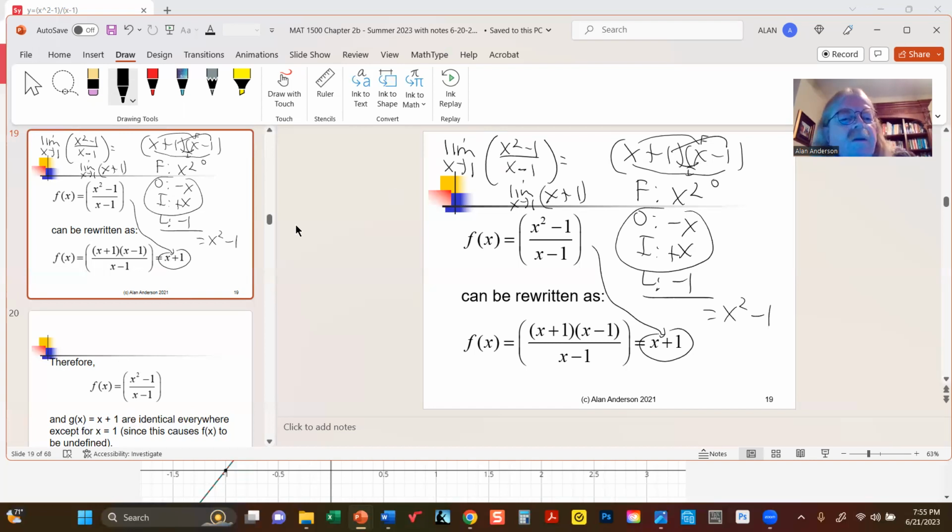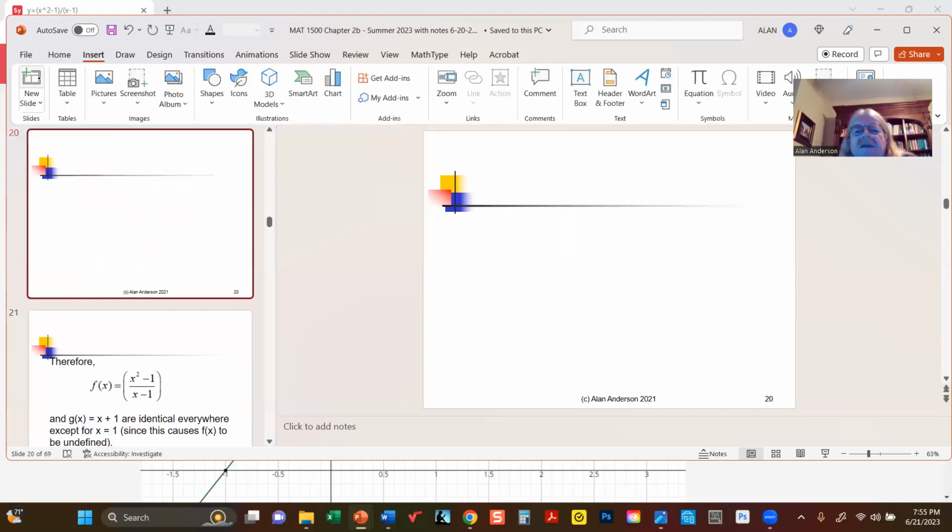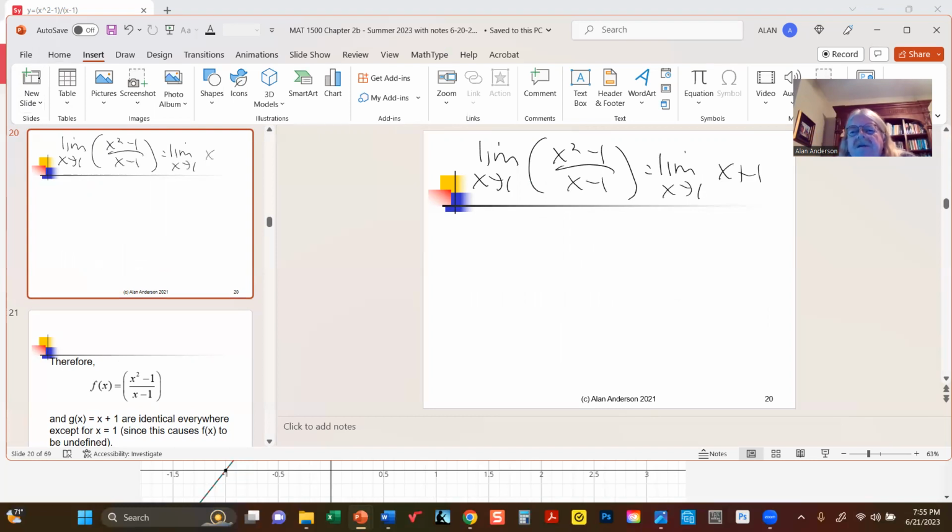Let me write that on the next slide so you can read it better. So what that means then is the limit of our original function, now that's important, because if you notice here, this is clearly equal to 2, because I'm just substituting 1 in for x.